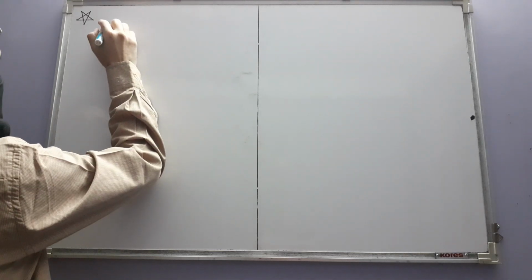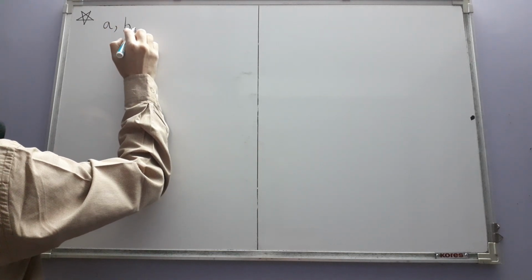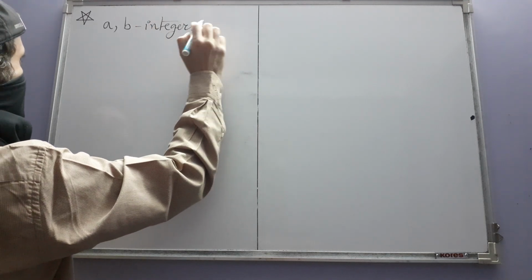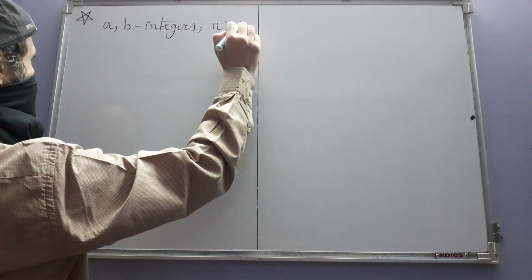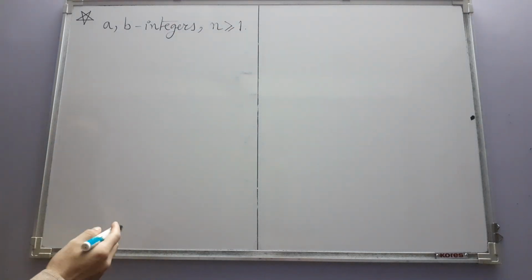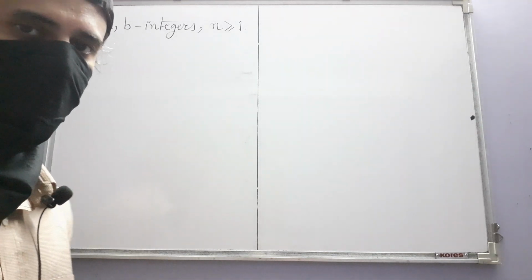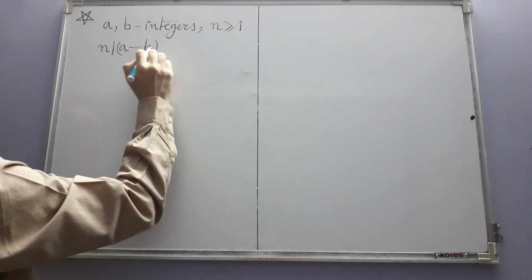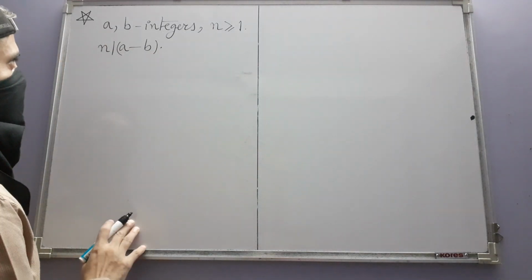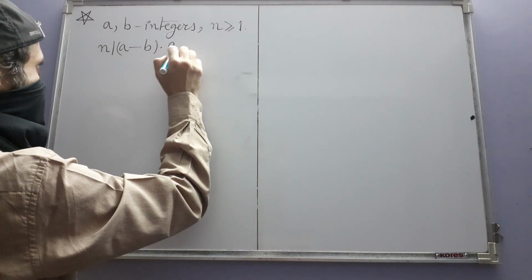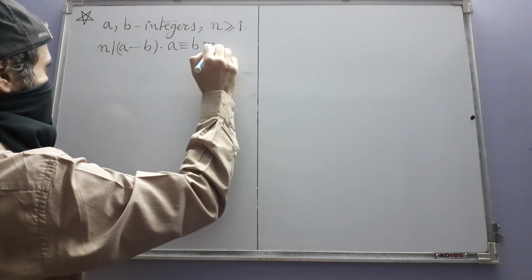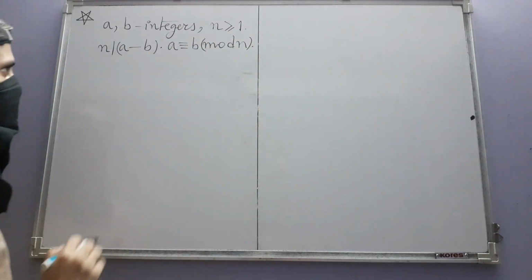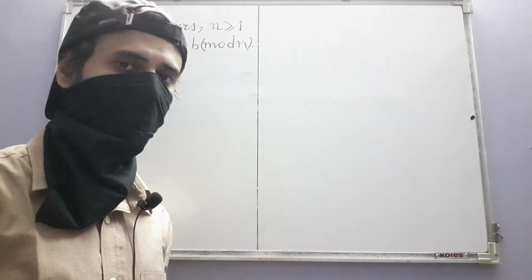What it says is this: if a and b are two integers and n is some fixed positive integer, then we say that a is congruent to b modulo n if n divides the difference a minus b, and we express this symbolically by writing this and read it as a is congruent to b modulo n, or in short as a is congruent to b mod n.